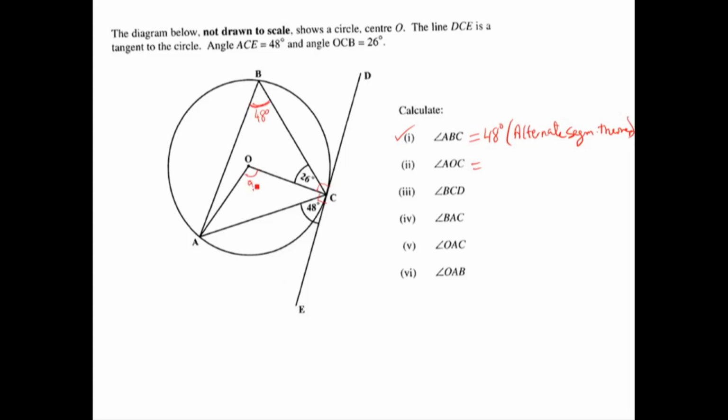This angle should be 96, twice angle ABC, in other words. So it should be 96 degrees. What's the reason? Angle at center is twice angle at circumference.